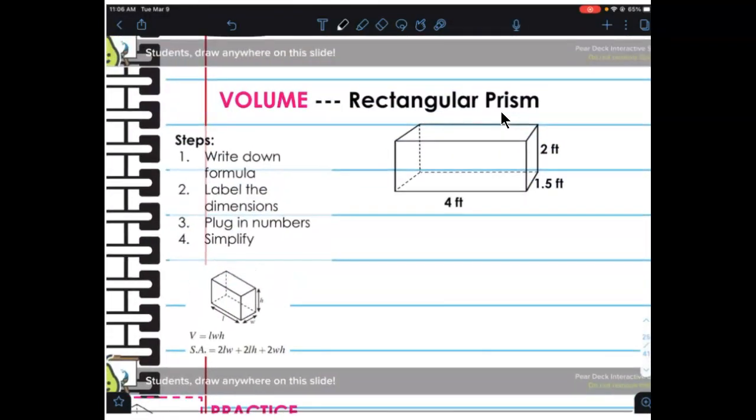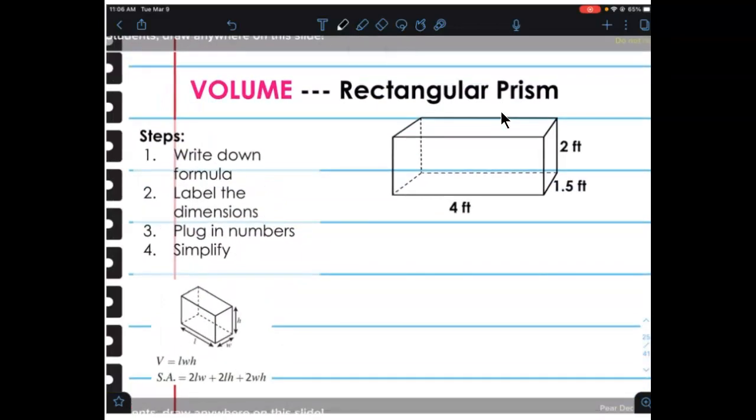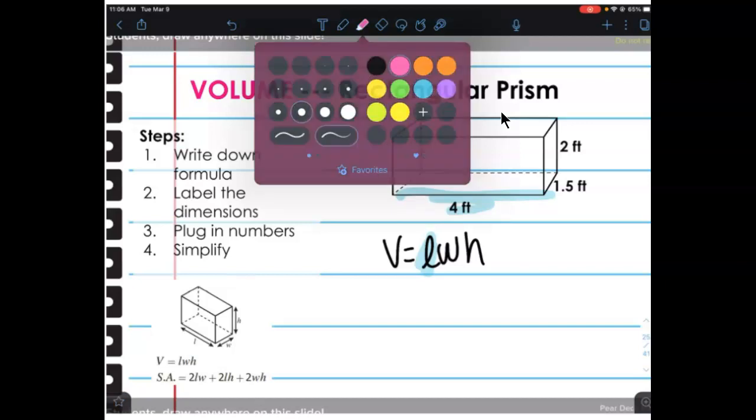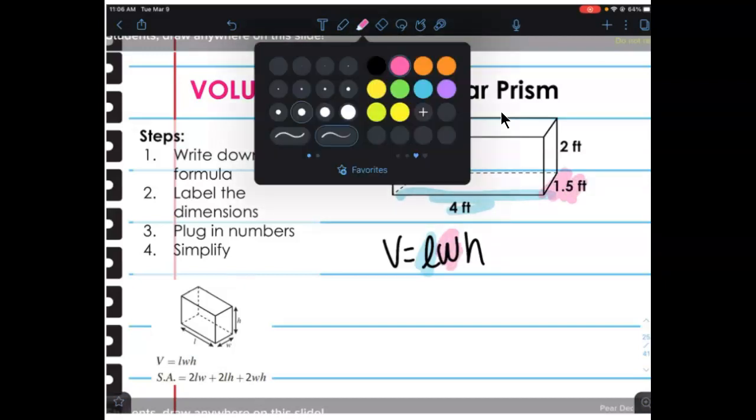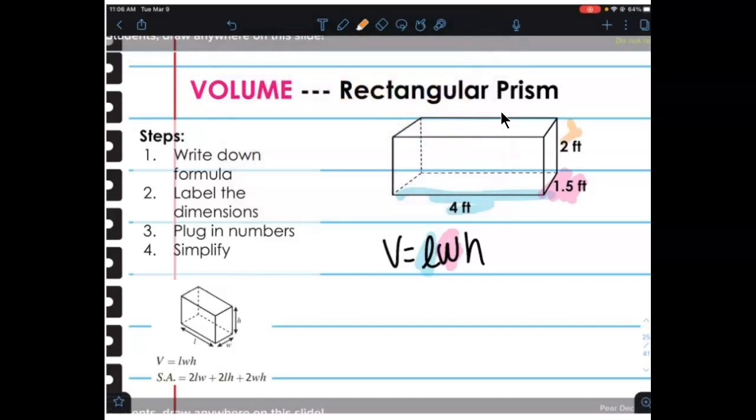All right, for the volume, similar steps, it's just the volume formula. We're going to do the area of the base, which is length times width, it's a rectangle, times the height. So I'll do the same thing: here's my length, there's my width, and here's my height.